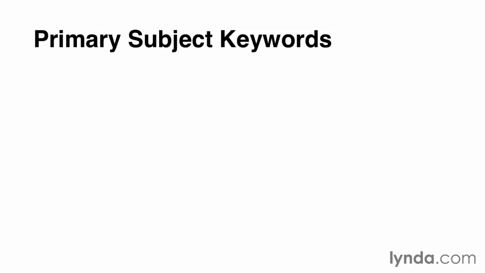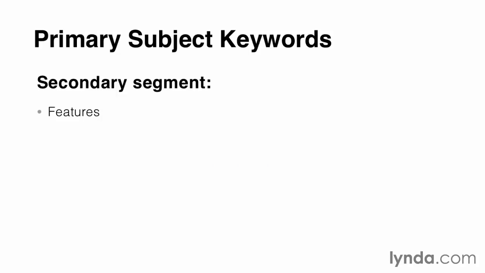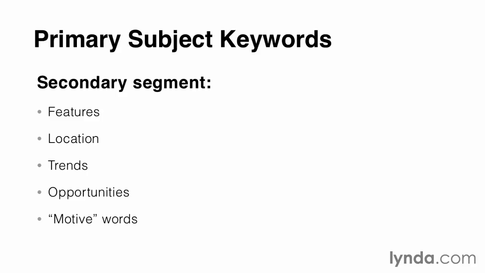Building that secondary segment allows me to look specifically at those features, maybe find some location or additional trends, maybe some business opportunities, but these are my motive words. These are the words that tell me exactly what people are searching for, and I have to treat them uniquely because they are so specific, and the page they land on must reflect their search.